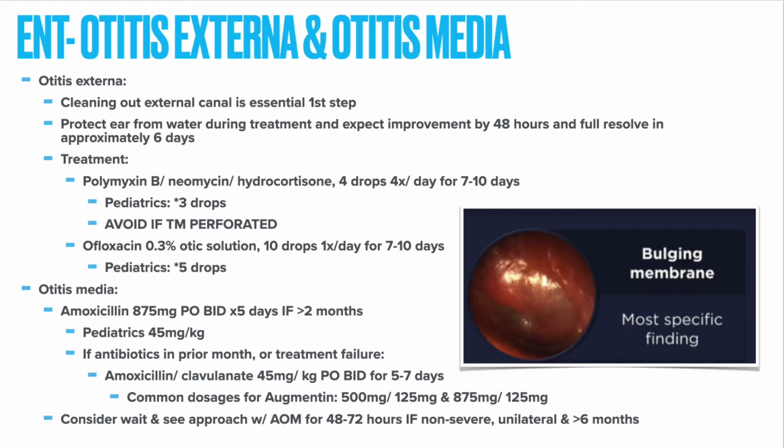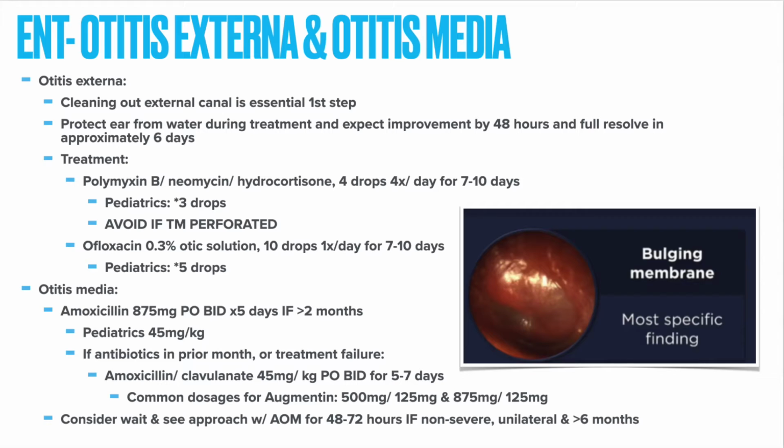In those patients who have AOM that is not severe, it's unilateral, not bilateral, in children older than 6 months, then you can try a wait-and-see approach before deciding if antibiotics are needed. A bulging tympanic membrane is the most specific finding on physical exam that indicates an otitis media infection in your patient.